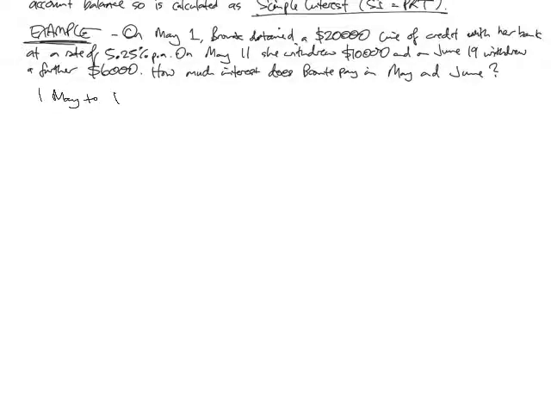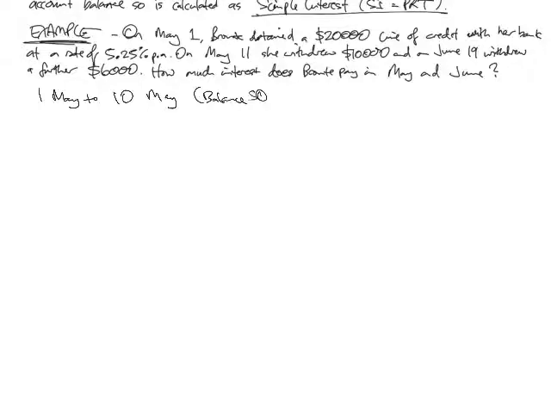So from the 1st of May to 10th of May, she has a balance of, she's used. So a balance in this case is not what's left in the line of credit, because you don't actually own that money. It's not like a savings account where that's your money. The balance in this case will be how much you've used. So balance, because she hasn't used any of that money, will be 0.